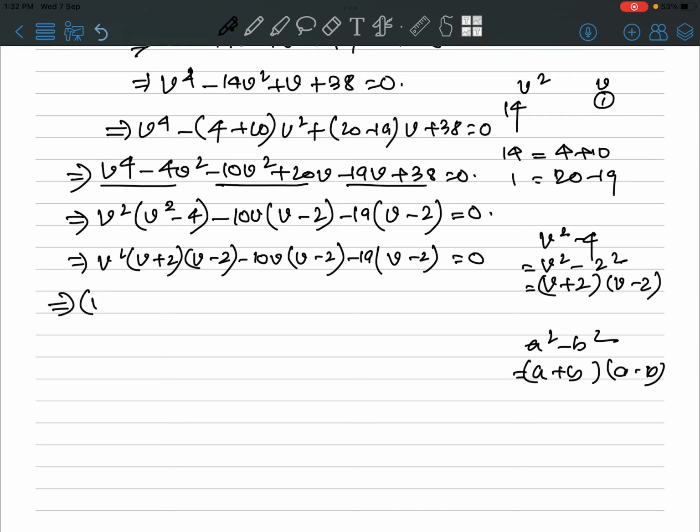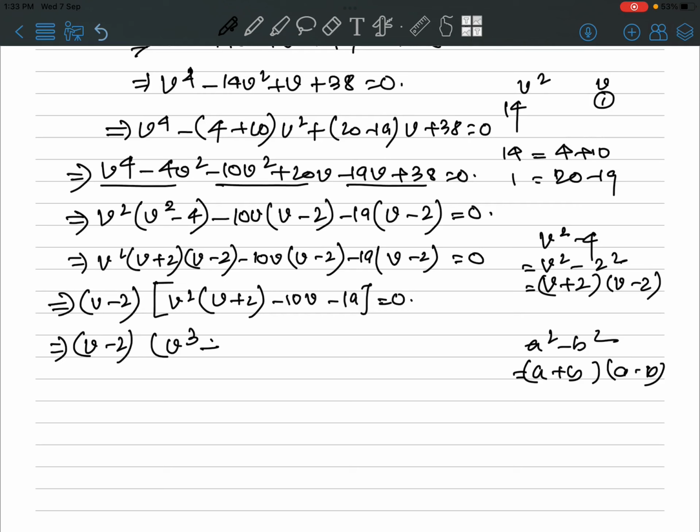Now we can factor out v minus 2 from this function. The rest of the function will be v square into (v plus 2) minus 10v minus 19 equals 0. Now we can write it as (v minus 2)(v cube plus 2v square minus 10v minus 19) equals 0.